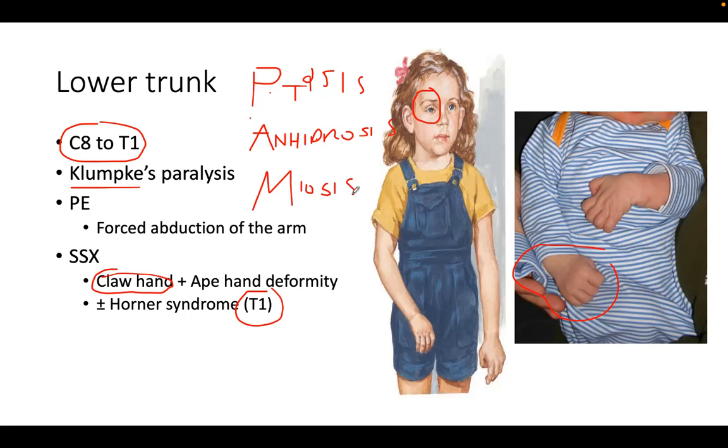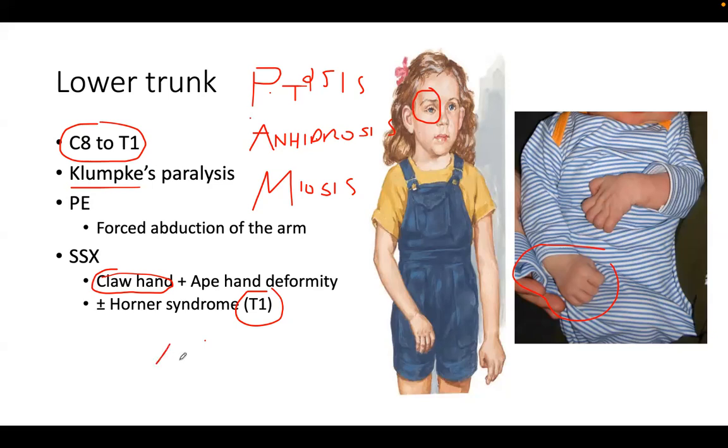This is a must know. Ptosis, anhidrosis, and miosis: Horner's syndrome. Horner's syndrome involves the sympathetic chain.